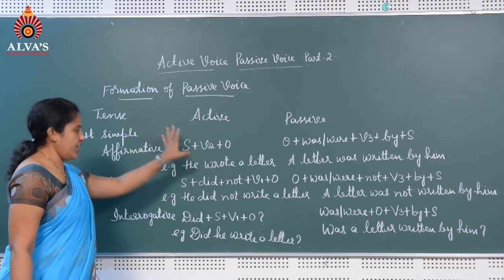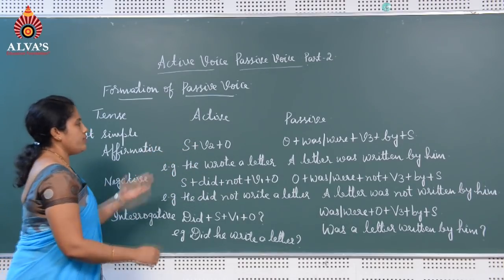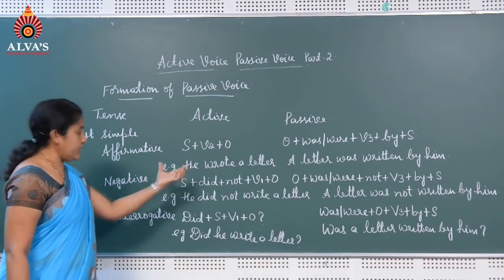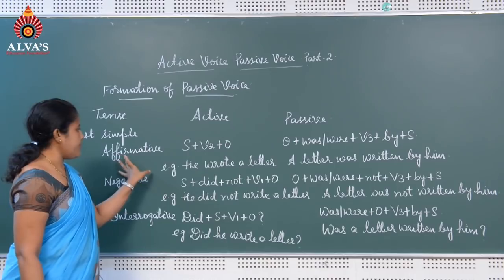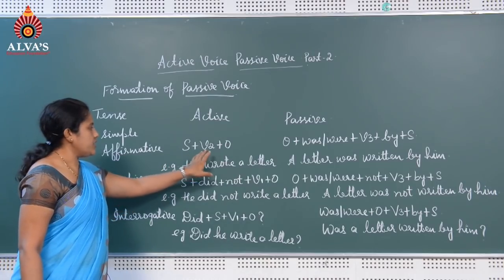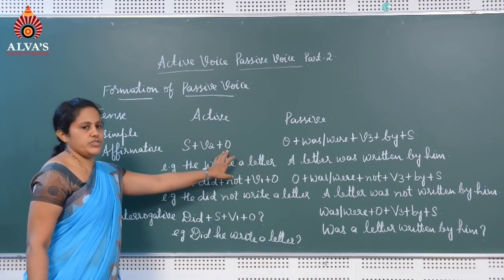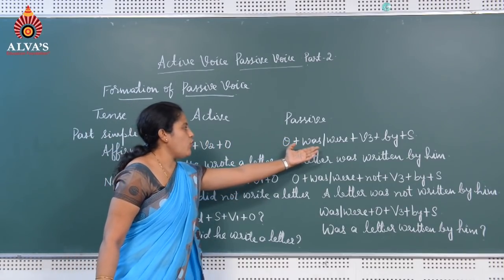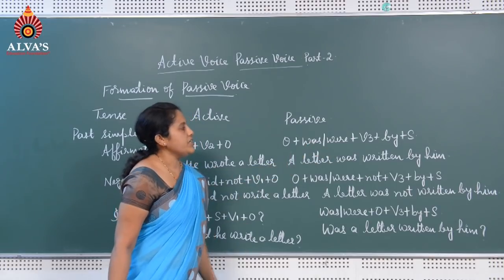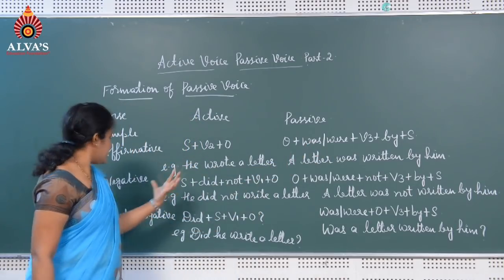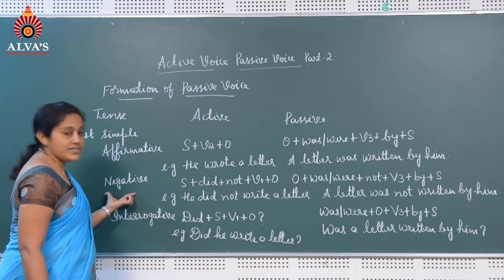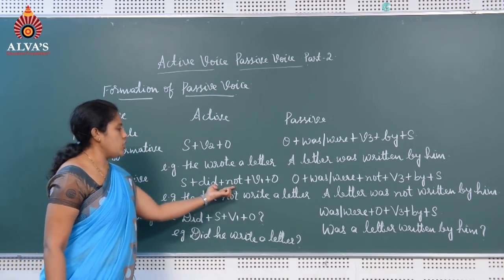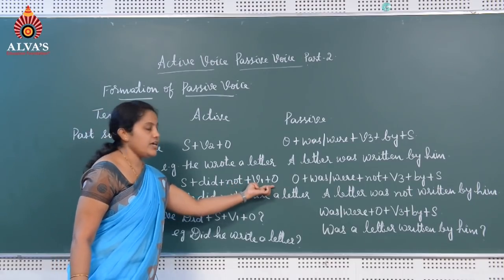So, what changes occur when we change from active to passive? You can see here with the structure: affirmative sentence, subject plus V2 plus object. When it comes to the passive voice, object plus was or were plus V3 plus by plus subject. Same thing here, if the sentence is negative, it becomes subject did not V1 plus object.